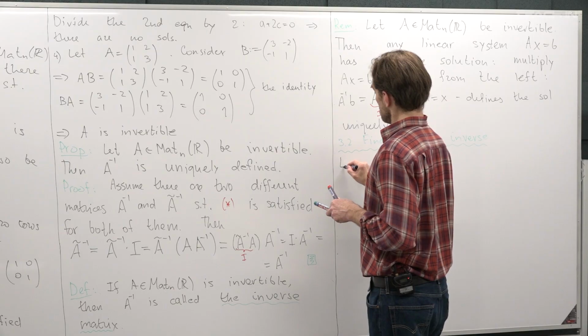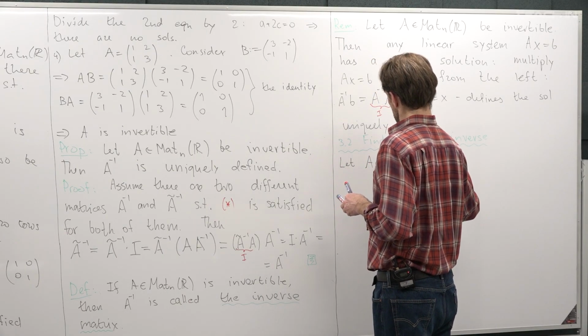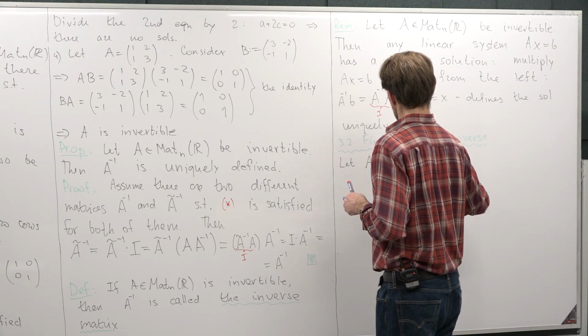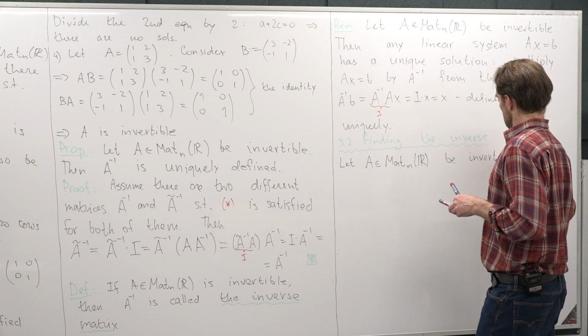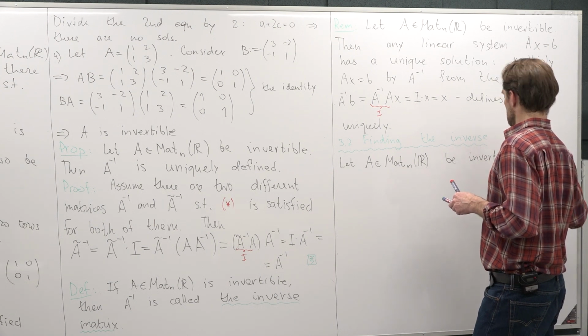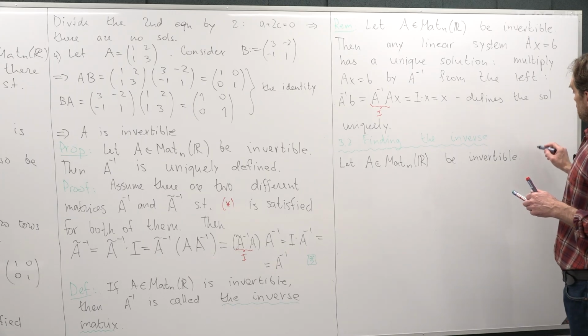Okay, so let A be invertible. So we need to find its inverse.